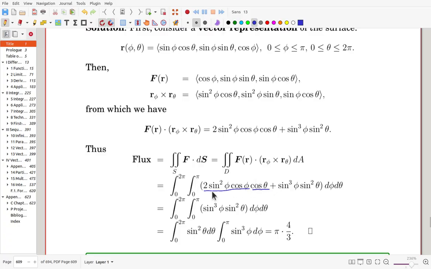And theta is from 0 to 2 pi. For this part, it is half positive, half negative, so the integration for that one will be 0. So this whole term will disappear. The value must be 0. So we have only this one. Again, this is separable, so theta integration and phi integration.